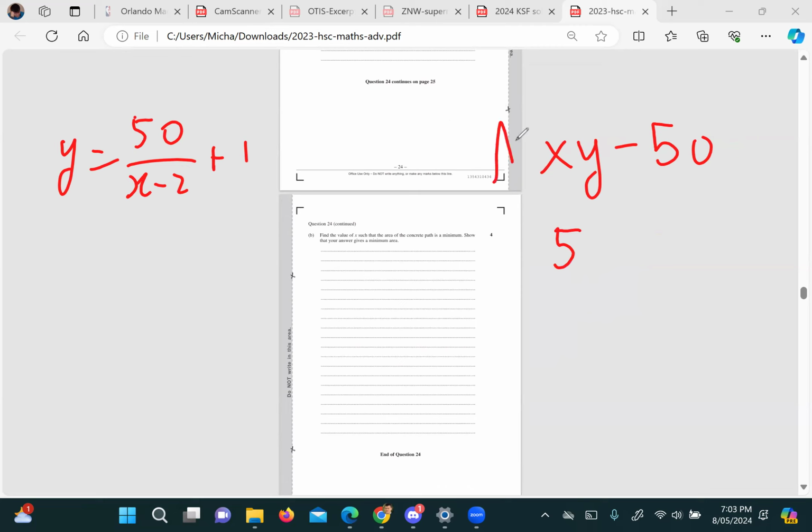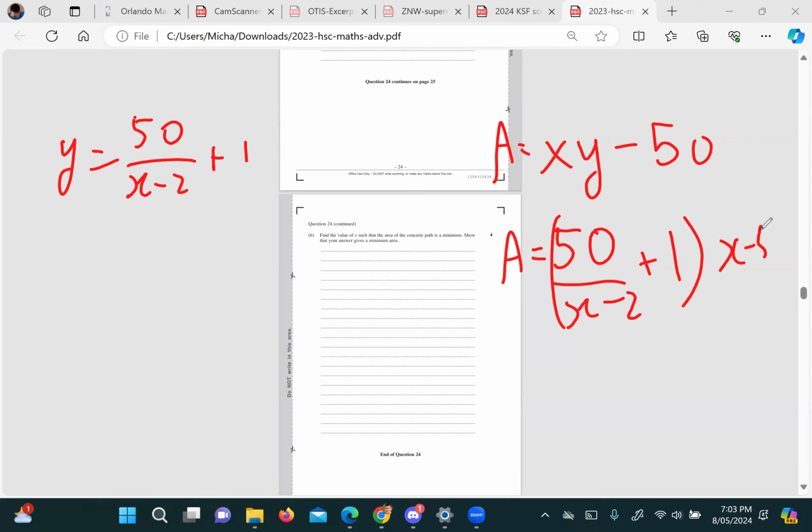So the area equals 50 on x minus 2, plus 1, times x, minus 50. Then I put the x into the brackets, so I got 50x on x minus 2, plus x, minus 50 is the area. And then I differentiated that using the quotient rule.